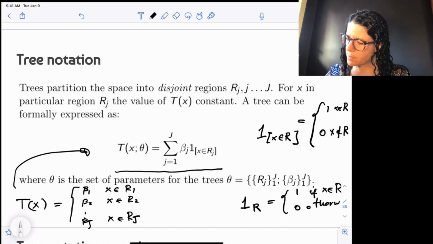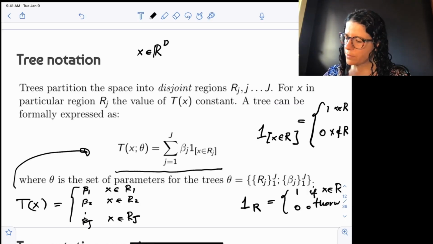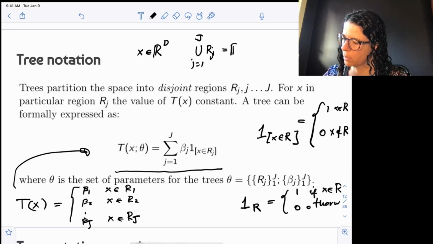So x is in R^D, and we want the union of R_j, for j equal 1 to big J, to be the whole R^D.